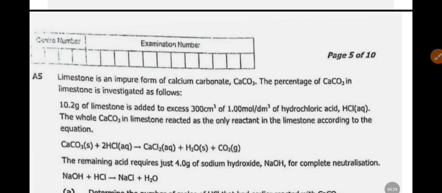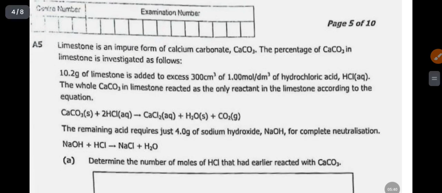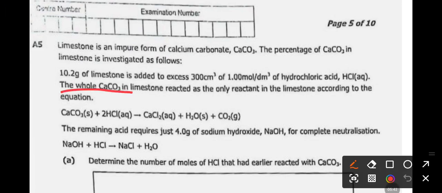The whole calcium carbonate in limestone reacted as the only reactant in the limestone according to the equation. Meaning here that limestone was the limiting reactant and the hydrochloric acid was the excess reactant.